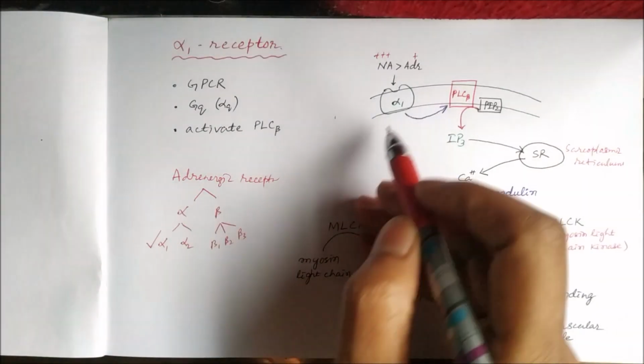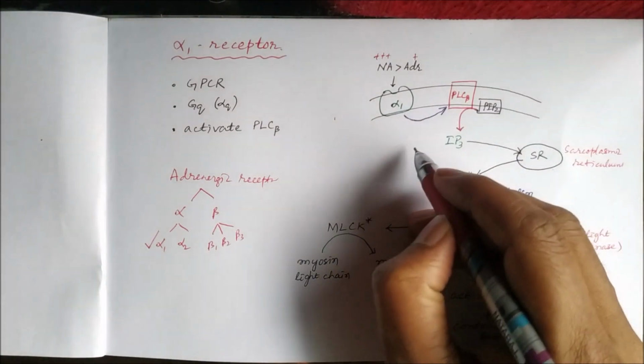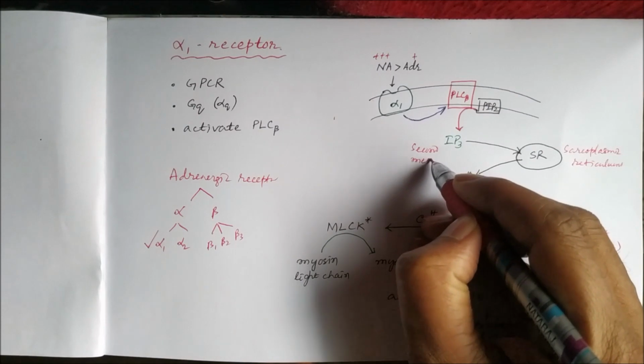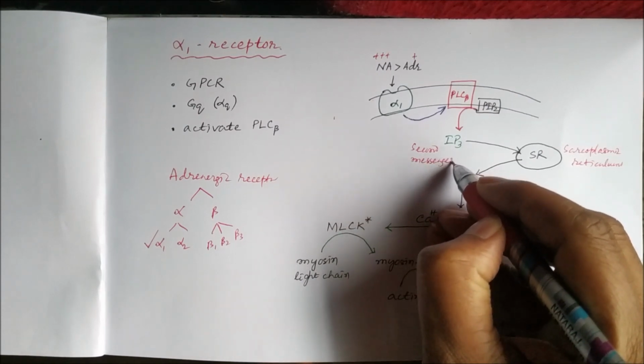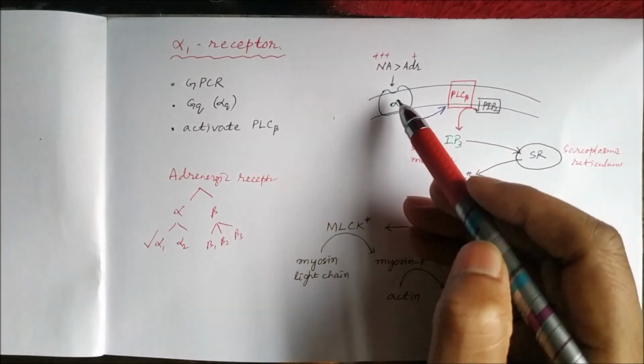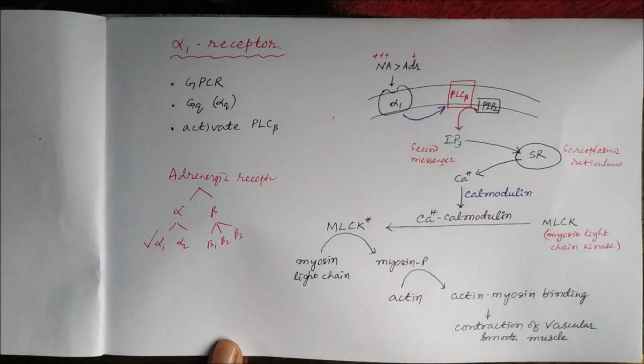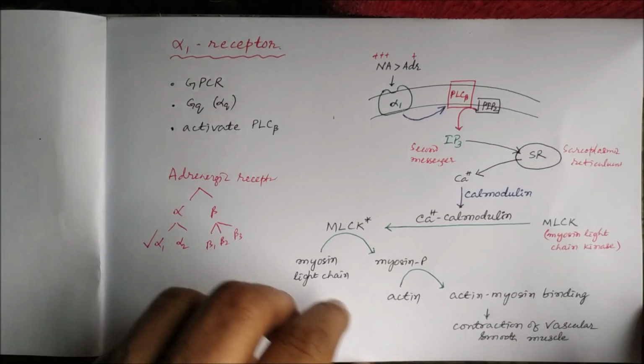So here IP3 is the second messenger. For the alpha 1 receptor, noradrenaline is the first messenger, and IP3 causes, through calcium and the calcium calmodulin complex, contraction of smooth muscles.